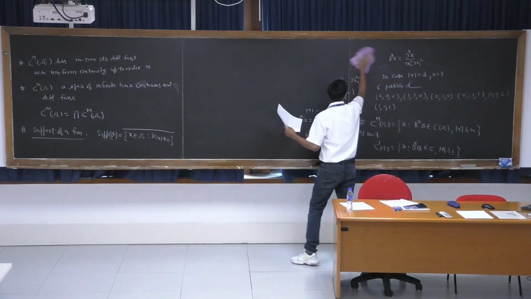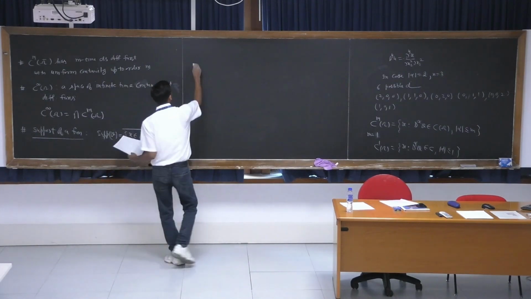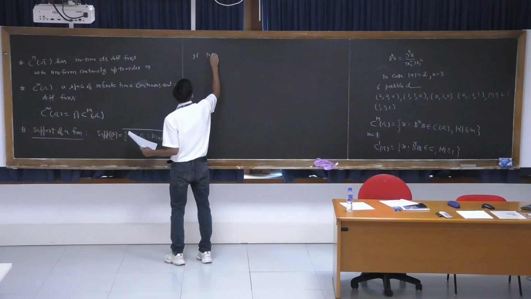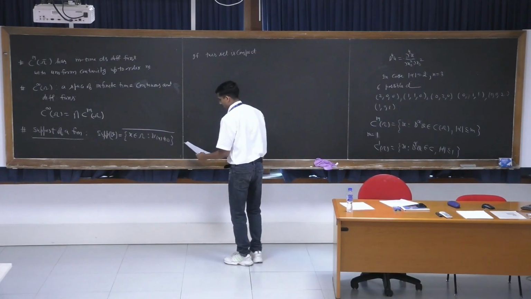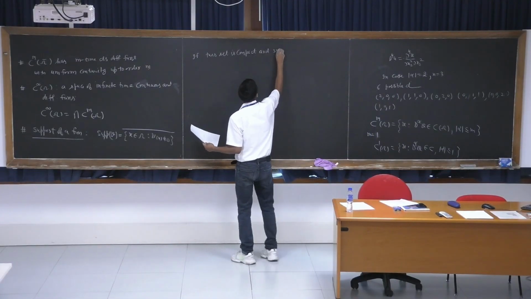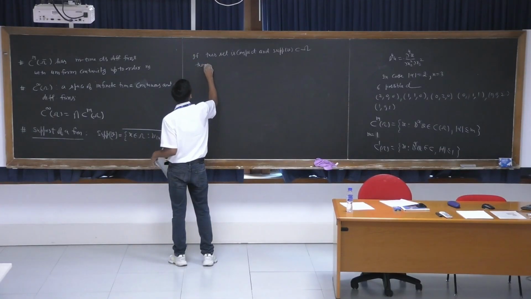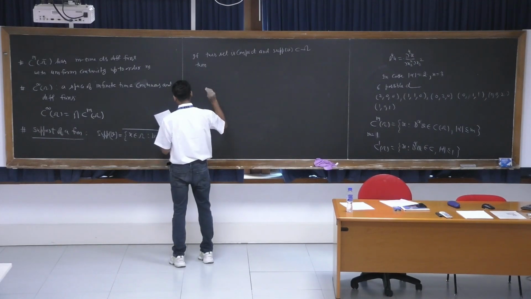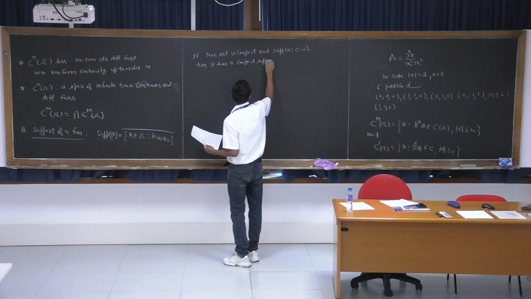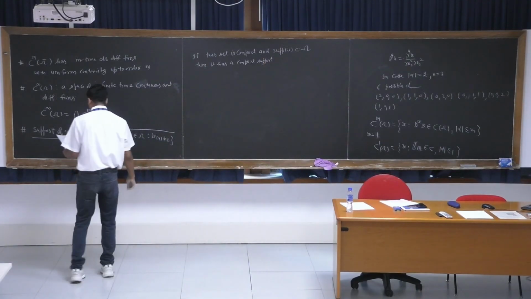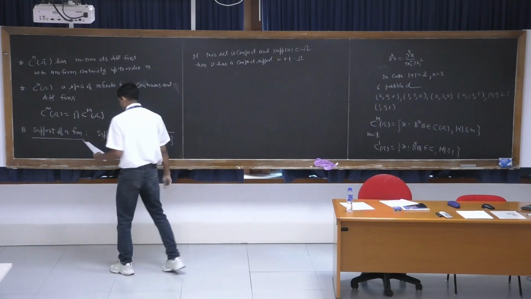Compact support means there exists a set K which is compact, and the support of V is contained in it, then V has a compact support with respect to omega. So this becomes compact support.